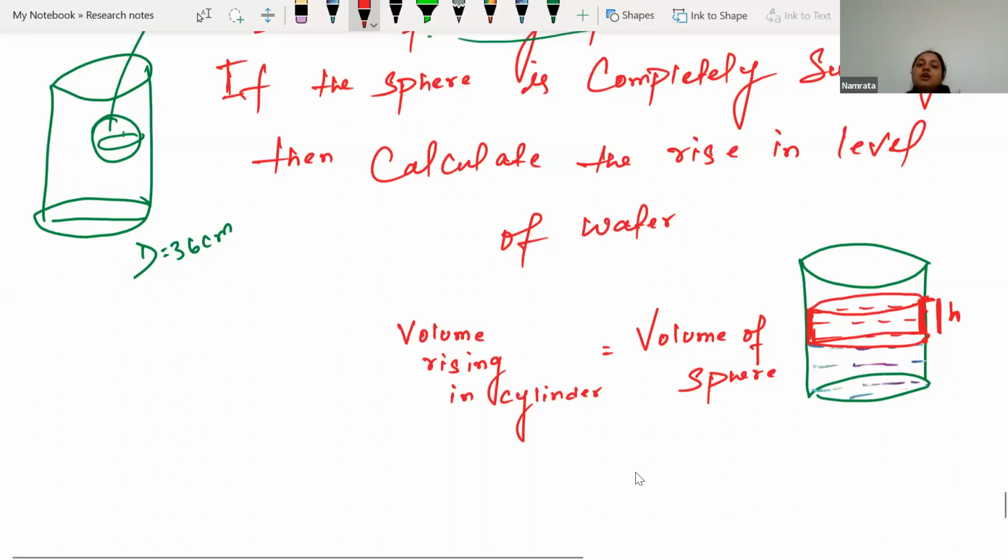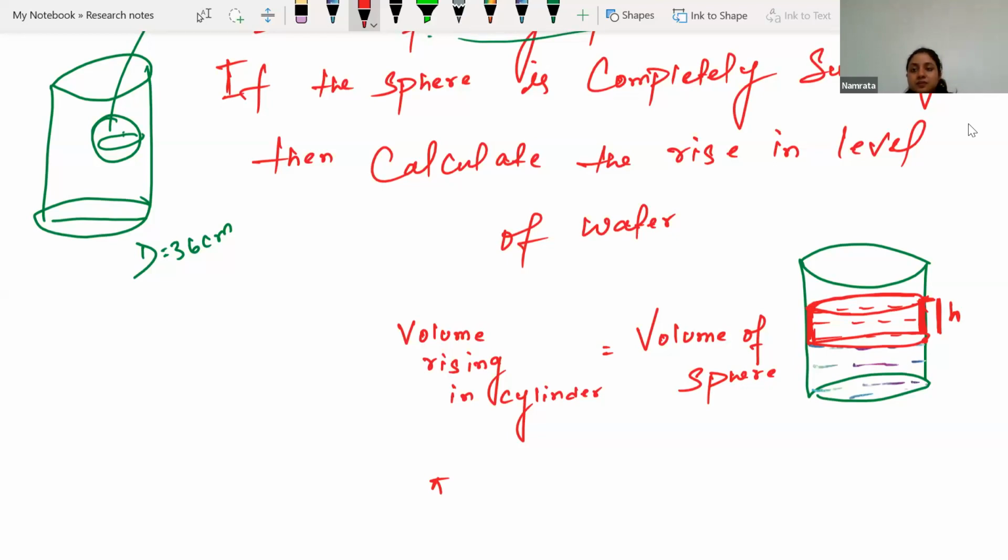What is the formula for the volume of the cylinder? Anyone? The formula for the volume of the cylinder is pi r square h, right?